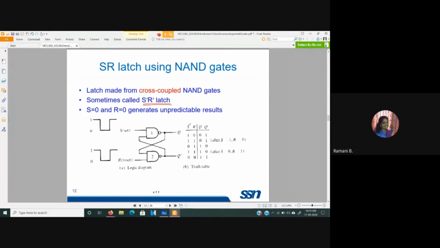Okay. So here, the same way, let us consider the condition S is equal to 1 and R is equal to 0. So before seeing that, for a NAND gate, if both the inputs are 1, output is 0, right?